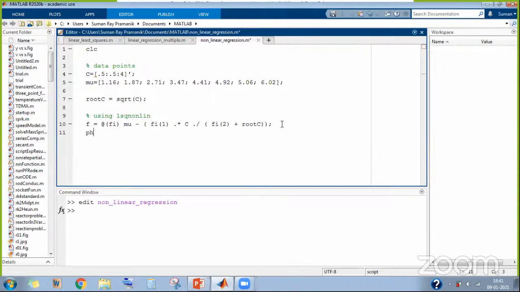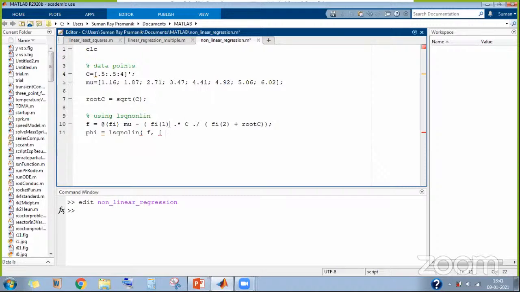Okay, so now we will find the coefficients by using the nonlinear function. The function is already created by us. Now we will give the initial guesses, and the initial guesses also have to be in relation to how you have put the data, this phi 1 and phi 2.